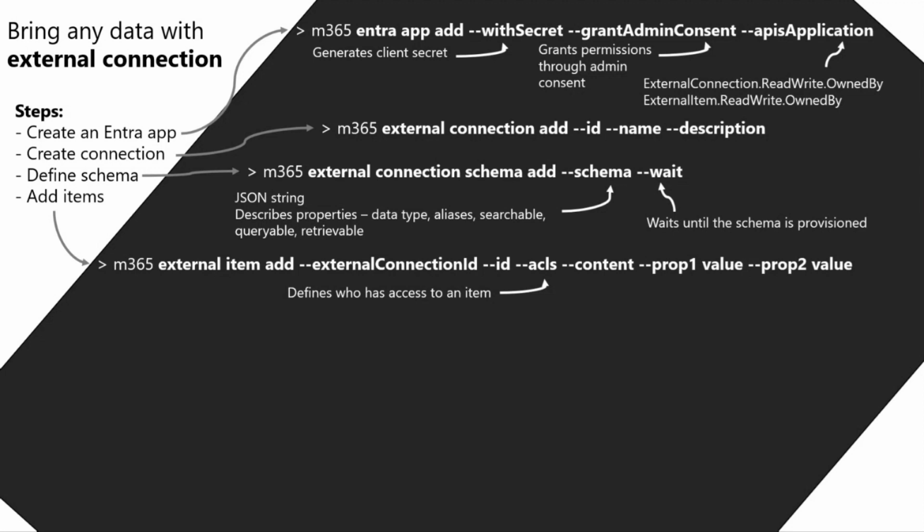The options you specify will map to the external item properties. Let's say the schema has a property prop1, so the option prop1 will set the value of the prop1 property of the external item.